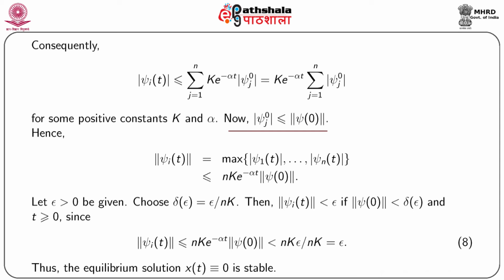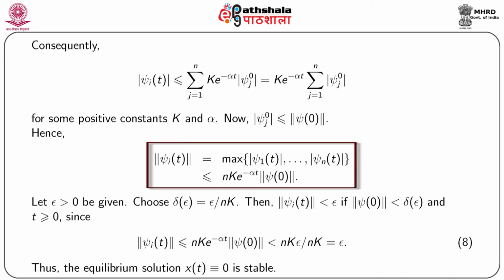Now, the modulus of psi_j(0) is less than or equal to the norm of psi(0), and hence the norm of psi(t), equal to the maximum of the modulus of psi_1(t), psi_2(t), ..., psi_n(t), is less than or equal to n K e to the power minus alpha t times the norm of psi(0).